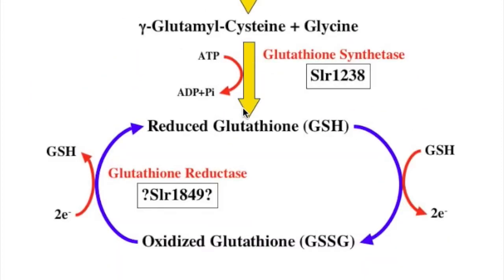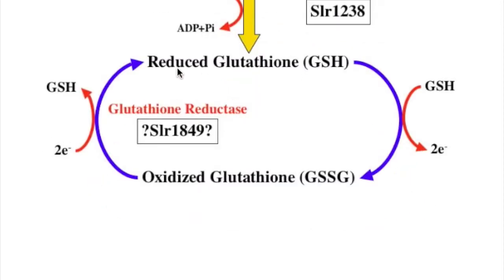Glutathione is in two forms, a reduced glutathione and an oxidized glutathione. It is the reduced form of glutathione that converts the toxic NAPQI to a non-toxic form, because NAPQI causes oxidative cell damage to the liver cells.